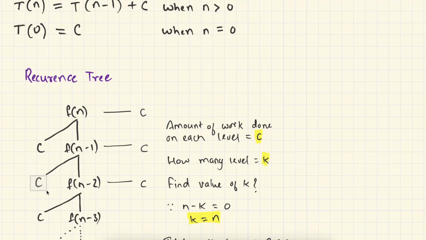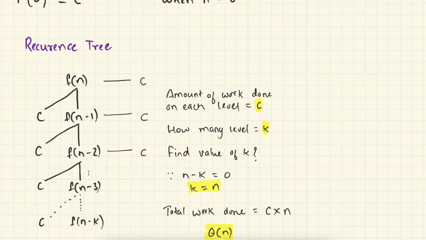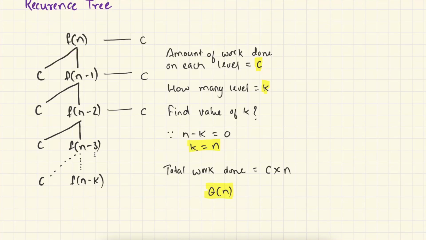It does the constant work, and again makes a recursive call to itself by reducing n by 1. Now n becomes n-2, because n-1 becomes n-2. Now f of n-2 again does some constant work and makes a recursive call of n-2 minus 1, so it becomes n-3, and this process continues.